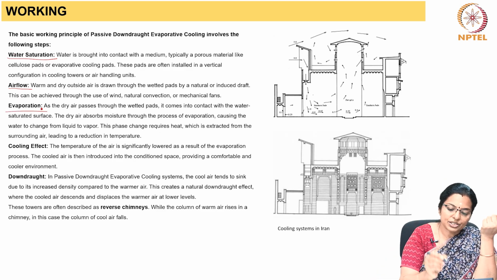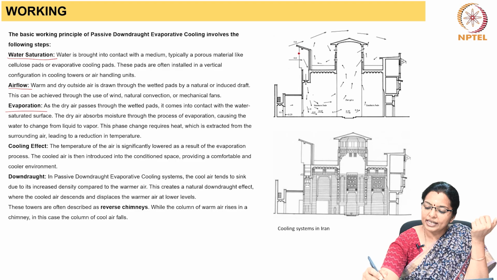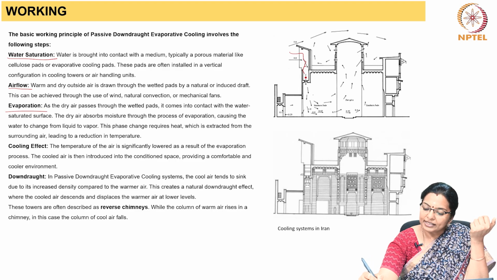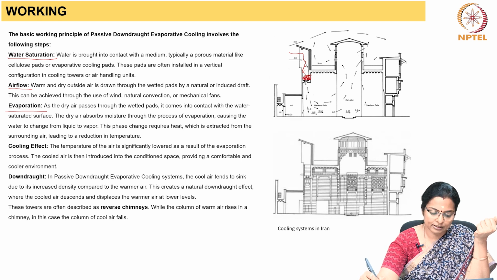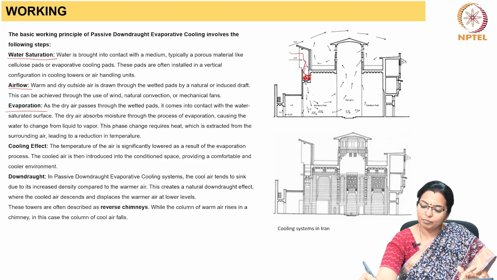Third is evaporation. As the dry air passes through the wetted pads by a natural or induced draft, it comes into contact with the water saturated surface. The dry air absorbs moisture through the process of evaporation, causing the water to change from liquid to vapor.